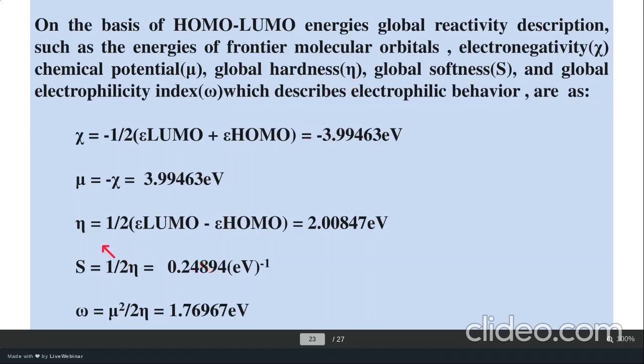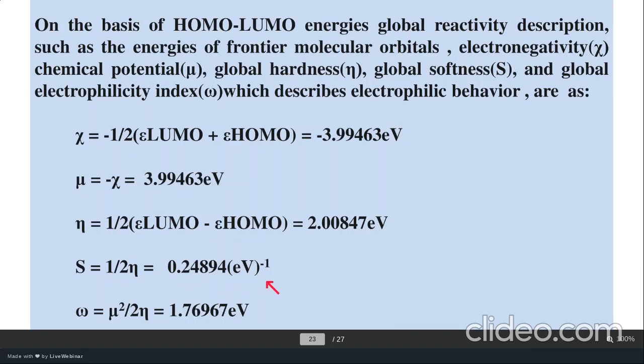The global hardness formula is 1/2 of the energy of LUMO minus the energy of HOMO. We get the value 2.00847 electron volt, and the global softness, by using the formula 1/2 eta, gets the value 0.24894 electron volt to the power minus 1.